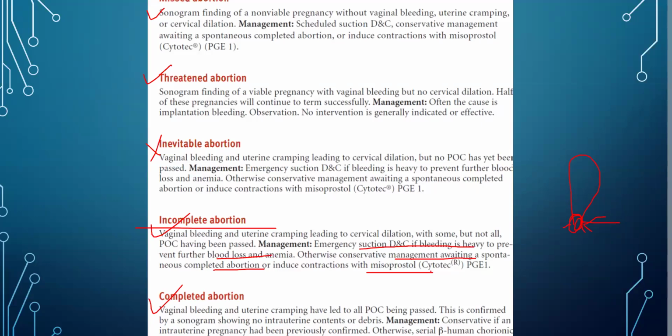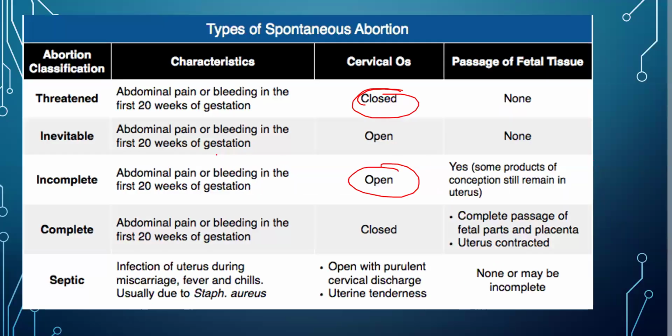If the patient is not in shock and not heavily bleeding, then you can wait for the fetal tissue to pass by itself, or you can even induce contraction with misoprostol. So that's incomplete miscarriage. Okay, so the os will be open in this case. What is complete miscarriage?